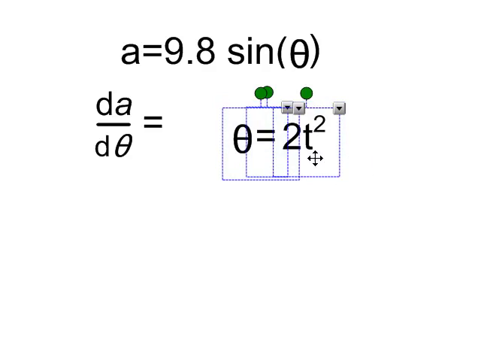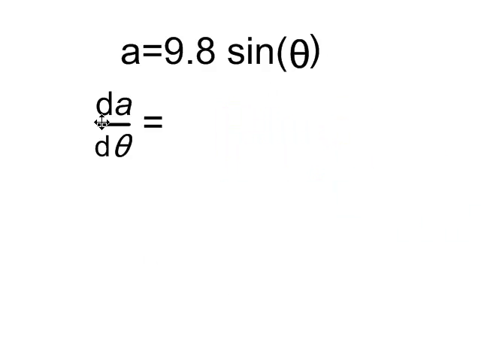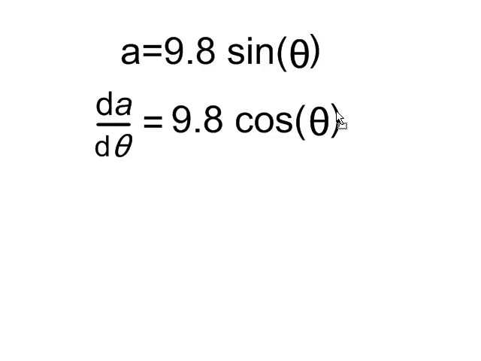So let's go ahead. dA d theta, fairly straightforward. We have a constant, so we don't have to worry too much about the constant, 9.8, and the derivative of sine is cosine, and we can just leave the inside as it is for now. So there's dA d theta, 9.8 times the cosine of theta.